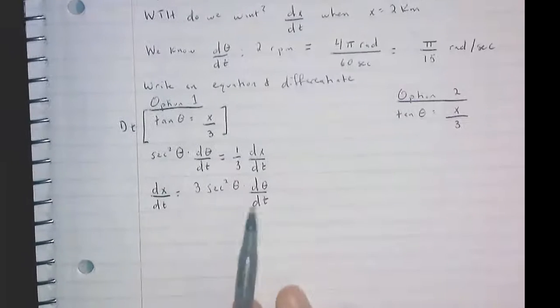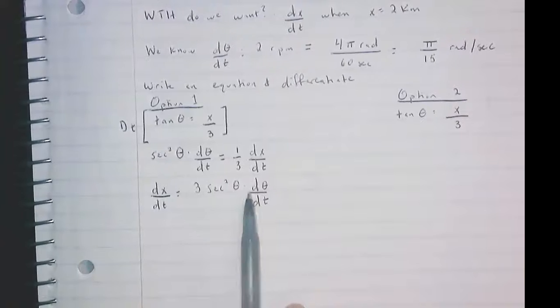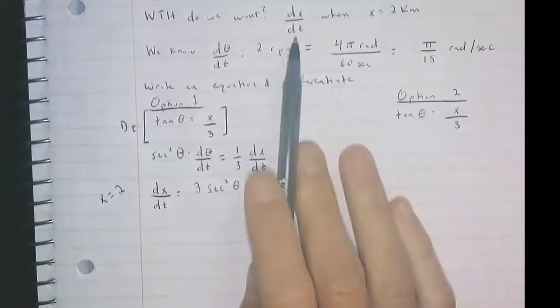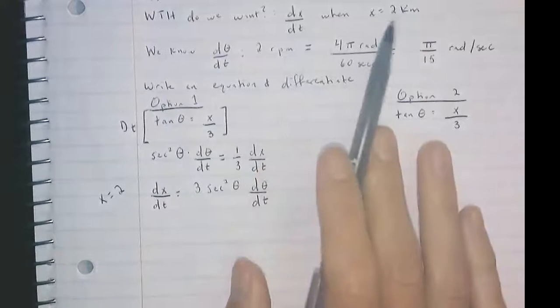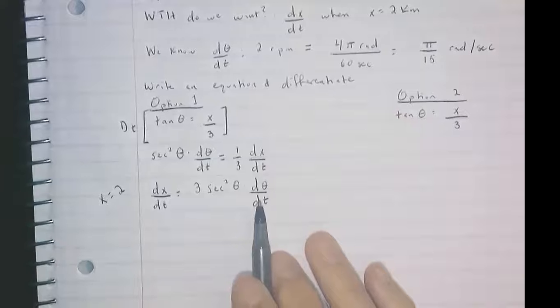And so now we look at this right side and figure out, do we know all this stuff? Specifically for x equals 2. Because it's not just dx dt, it's dx dt when x is at 2. Yes, we know d theta dt.